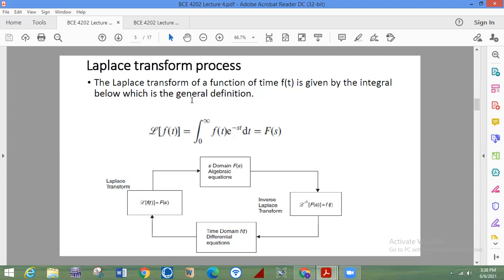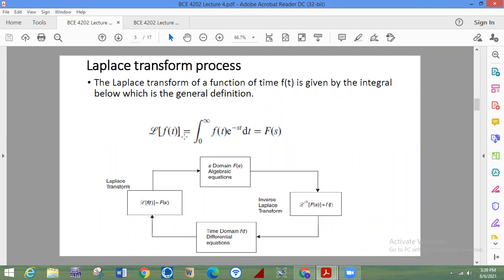I hope you are aware of this general Laplace transform equation. This Laplace transform sign means that we are going to do Laplace transform of a function of time, t.